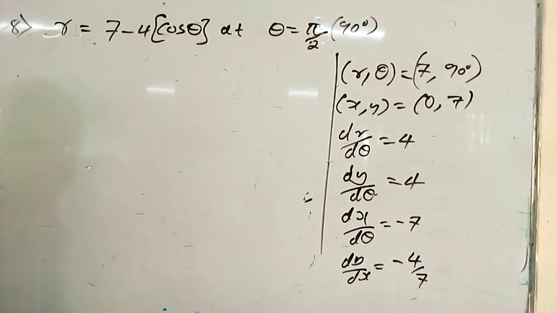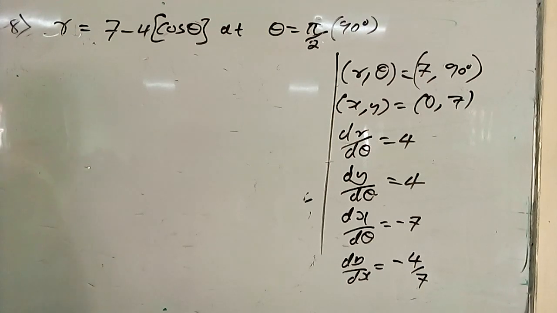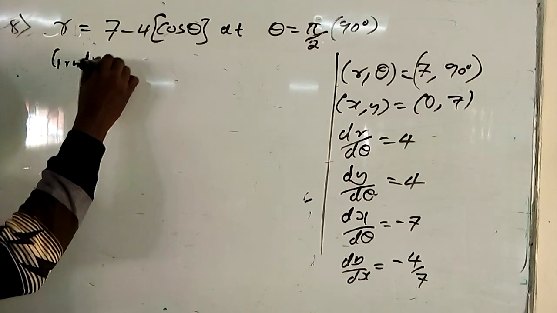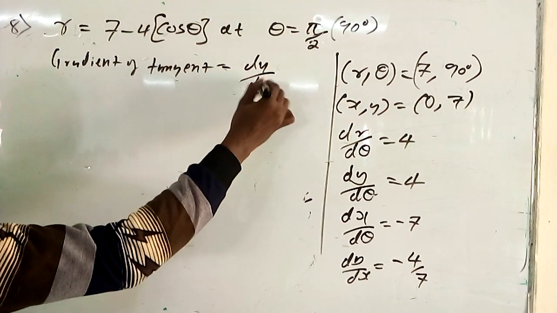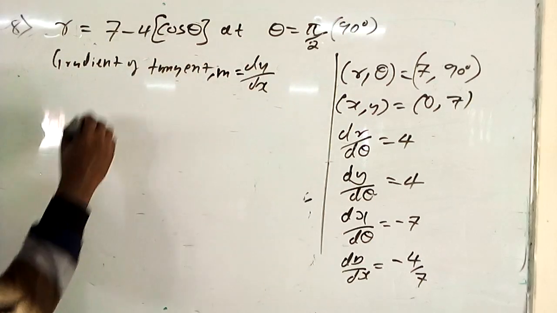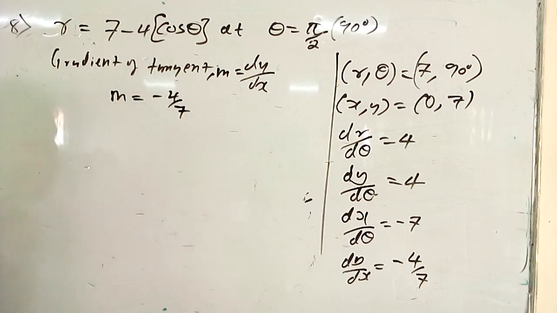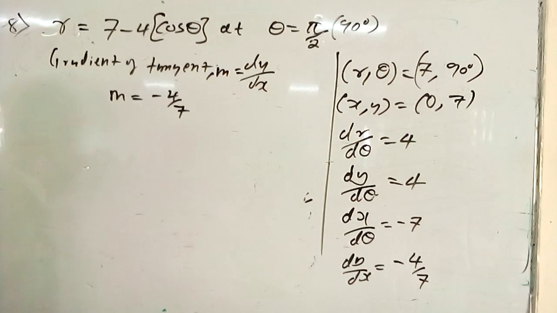So what do we know? We know that the derivative of the curve is the gradient of the tangent. So if the gradient of the tangent is m, then m is the derivative of the curve, which is negative 4 over 7. Now we want the gradient of the normal, because it is the equation of the normal we are looking for.